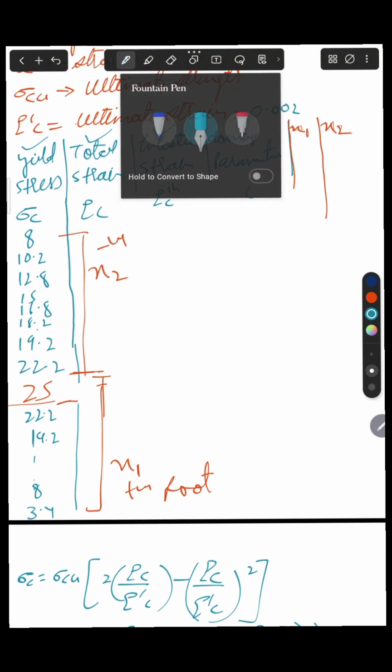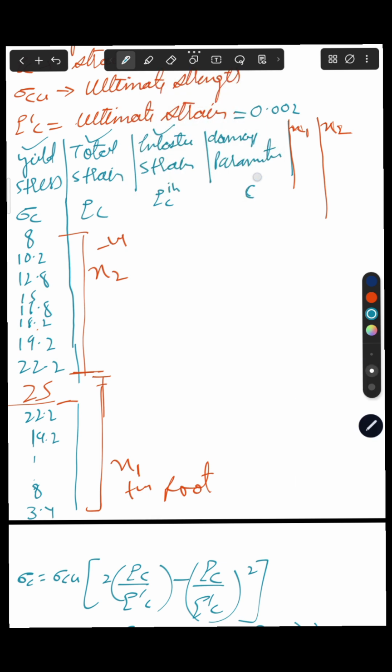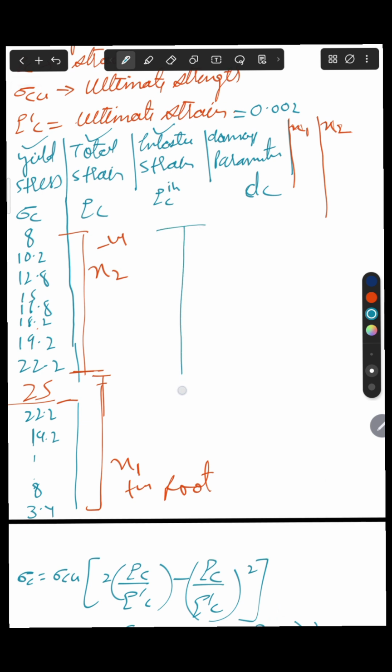Our concrete will be damaged after it reaches its ultimate strength, or we can say our concrete will fail after it reaches the ultimate strength. So up to the value of 25, our damage parameter will be 0. We don't need to calculate it, and after that, from here to here, we need to calculate our damage parameter.